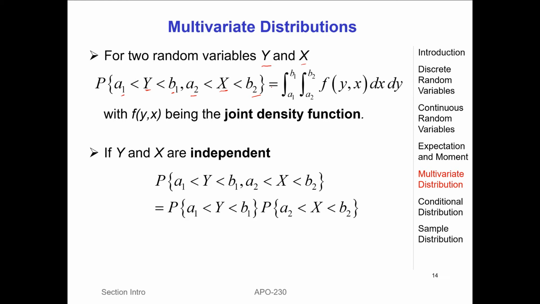We have to look at the joint density. So this is the continuous case, with very generic notation, but you know what to do by now.